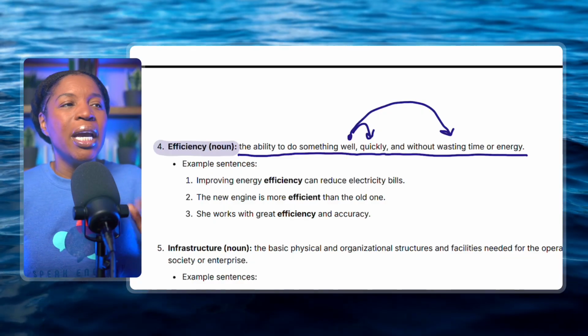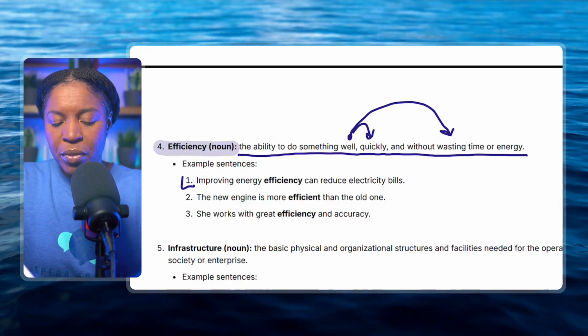Very good. I want you to remember this word because it's very important. Again, doing things well, but also doing them quickly, not wasting any time. I, as your English teacher, always try to be very efficient, doing things well and making sure I'm not wasting any time.